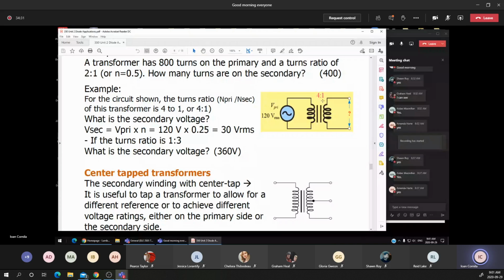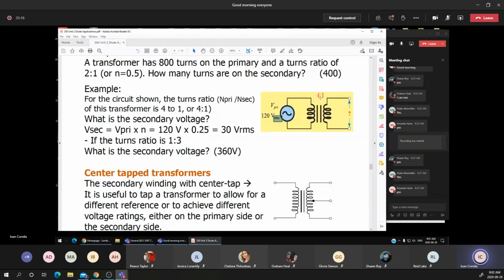Now, the question is how we can determine the secondary voltage if the input voltage is given as 120 volts, but pay attention, it's in RMS, as the primary voltage. What is the output voltage? The output voltage is the secondary voltage, which is actually the voltage supplied to a rectifier. Having a turn ratio of 4:1 means that the voltage is lower by a ratio of 1:4, which is 0.25.